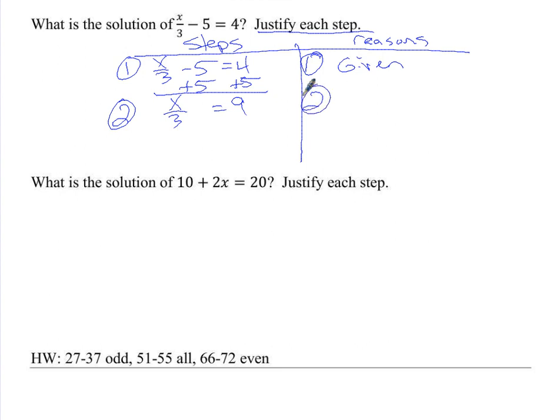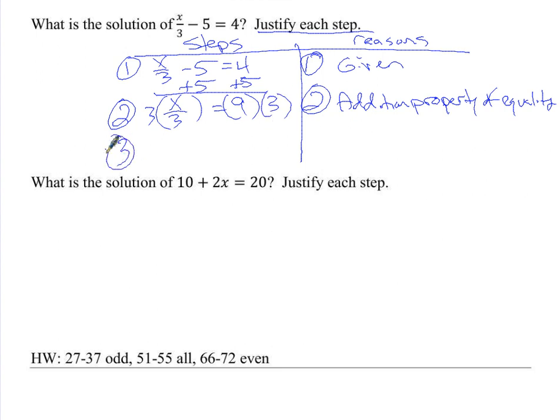And what allowed me to do that? Addition. So I write addition property of equality. Good. Okay, looks like we got one more thing we got to do here. Good, multiply both sides times 3 to get the x by itself.